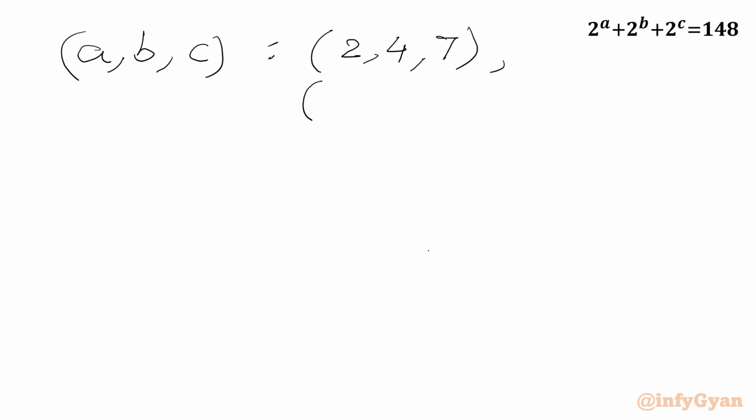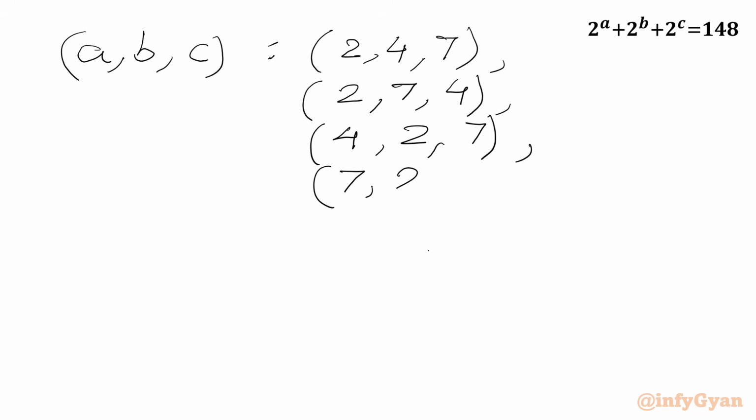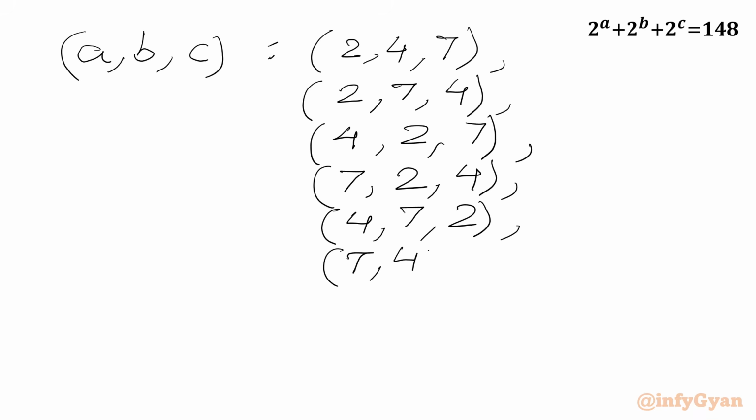Then we can write 2, 7, 4. Then we'll be writing 4, 2, 7. Then we can write 7, 2, 4. Then we'll write 4, 7, 2. Then we'll write the last triplet 7, 4, 2. So we have 6 combinations possible.